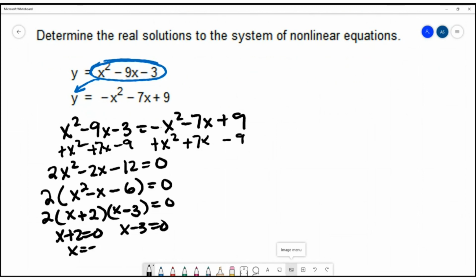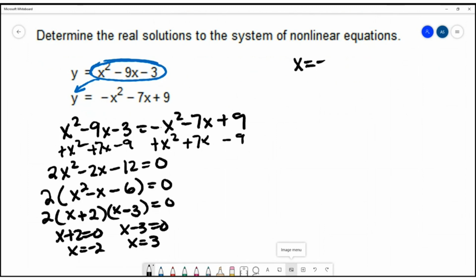And we get x equals negative 2 and x equals 3. So these are both x coordinates. The solution to a system will be ordered pairs with both x and y. So I need to substitute these x's into one of the equations to get the y coordinate.